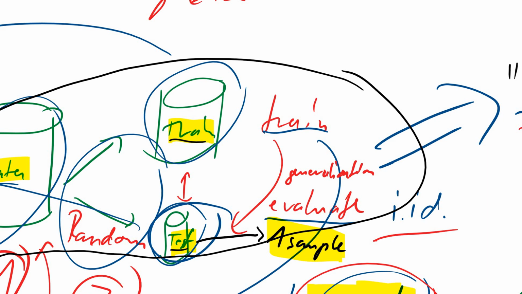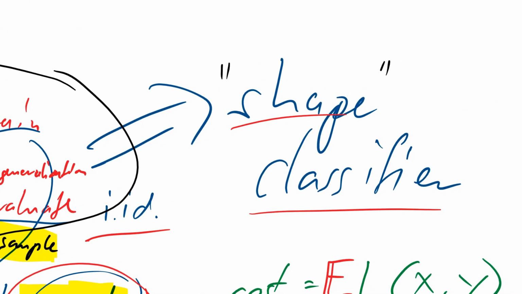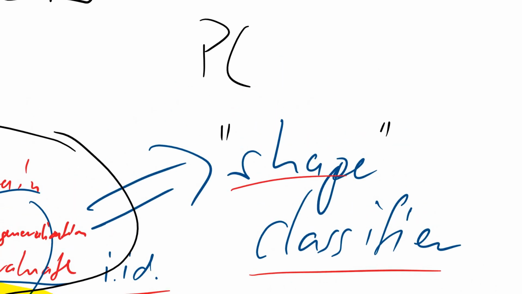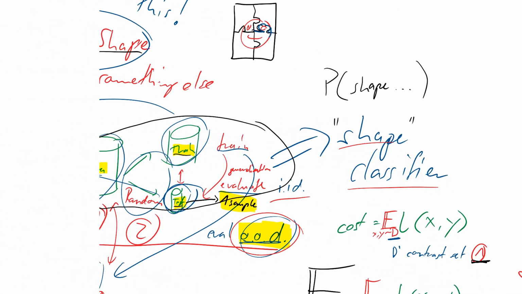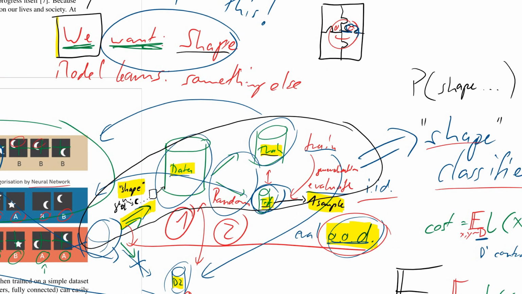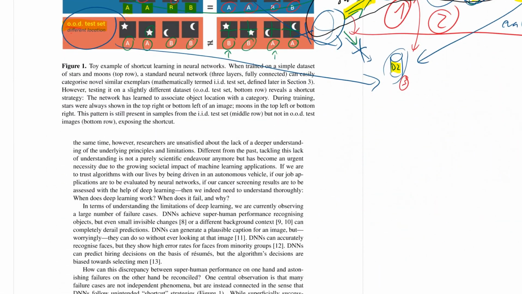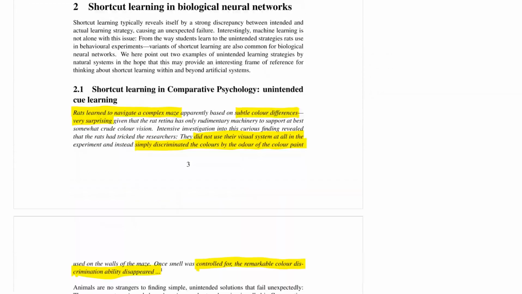Also, even if the output is shape, it isn't shape. It is actually probability of shape, or probability of object, or probability of something. And it is completely conceivable that if it's not grass in the background, it's probably not as much a cow.